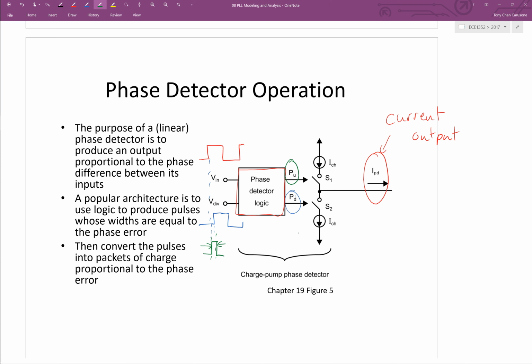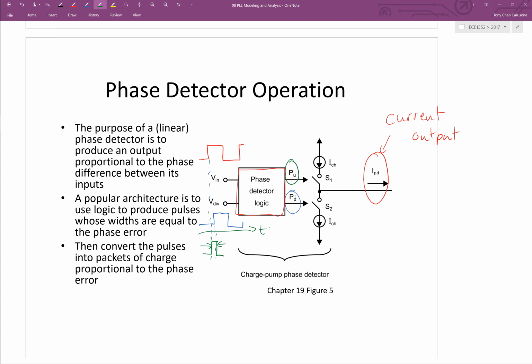I call that behind because time is increasing this way. And then there's another output, PD, that would be active and produce a pulse when the time delay is the other way, when the divided clock is coming before the reference clock.